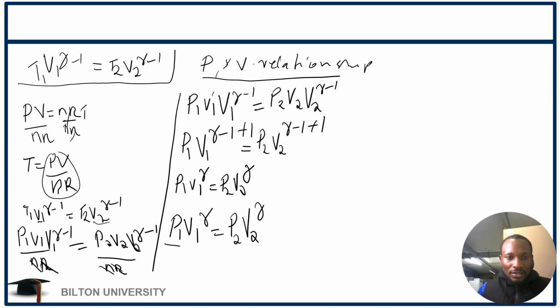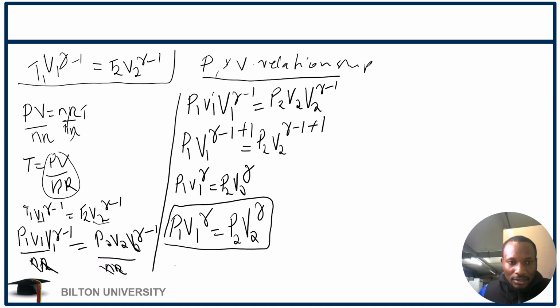So this is the relationship between pressure and volume. It means that we can know our initial pressure, our initial volume, and final volume, but then we need to ask ourselves what is the final pressure at which the system stops working. In that case, we can rewrite this in terms of final pressure.